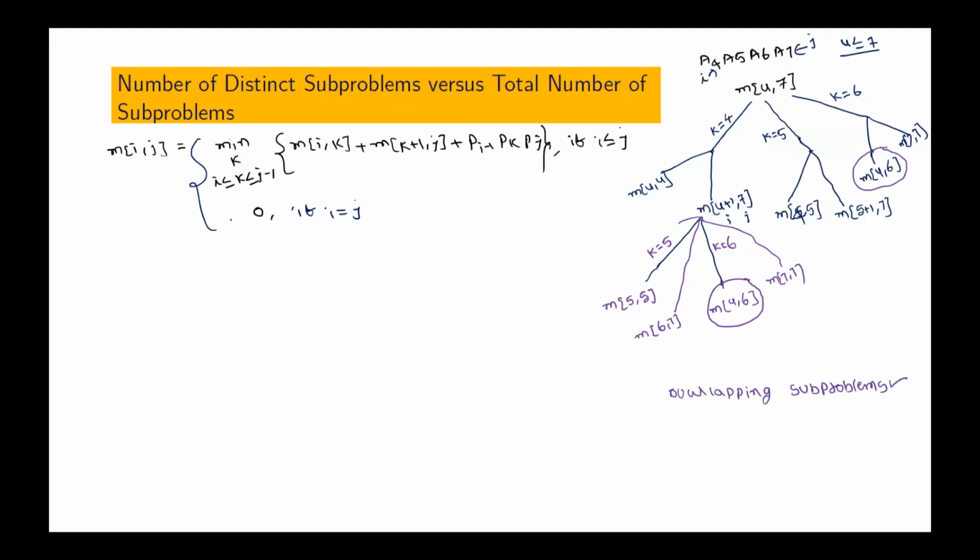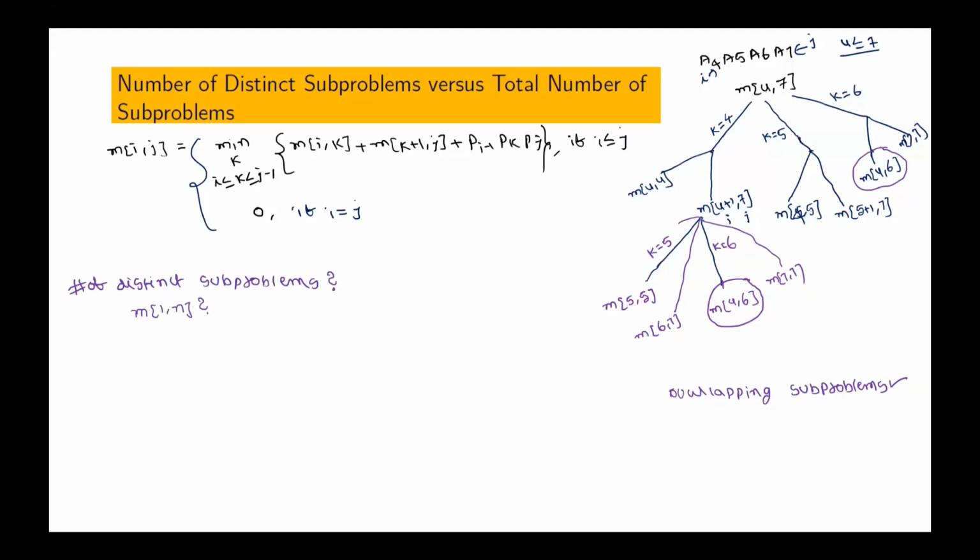Now we'll see how many distinct subproblems are there. How many distinct subproblems are possible? Our goal is to calculate M[1,n].